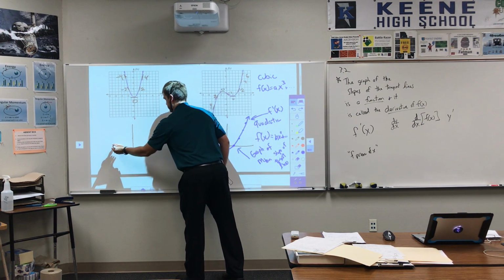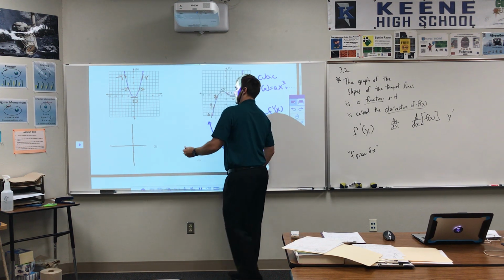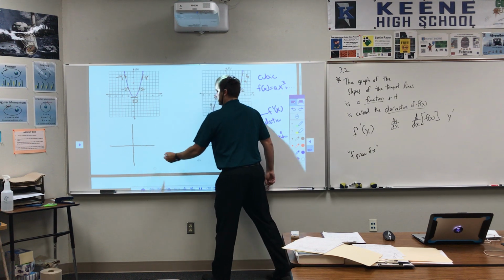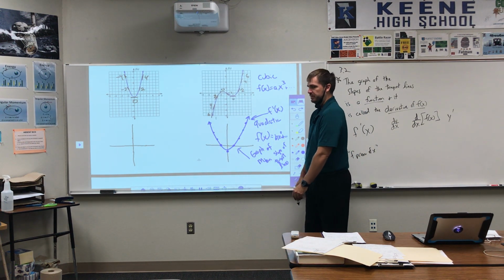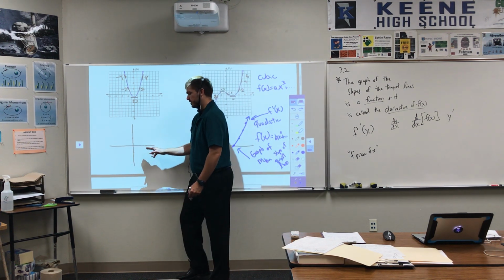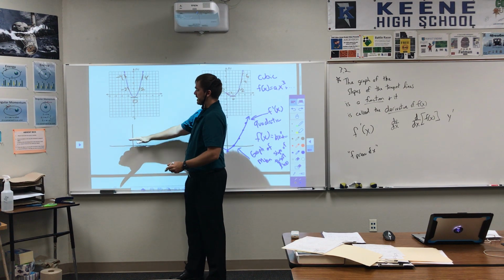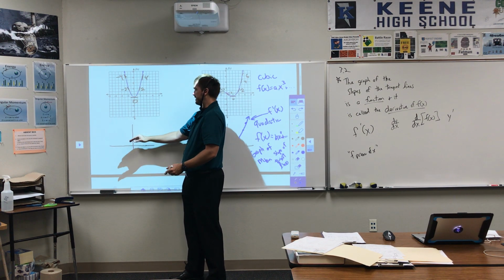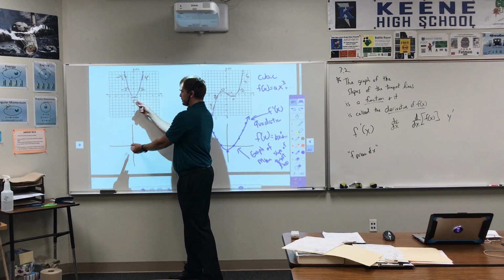So beneath that, we will sketch an xy axis. And at the same x coordinate, at the same left and right spot, I'm going to make my up or down value, my y value, equal to the slope here. So at x equals 0, I'm going to have a y value of 0.